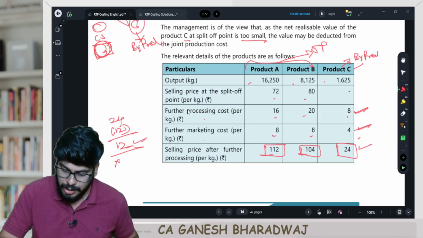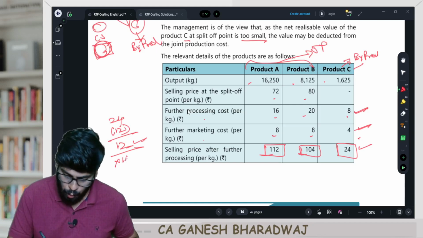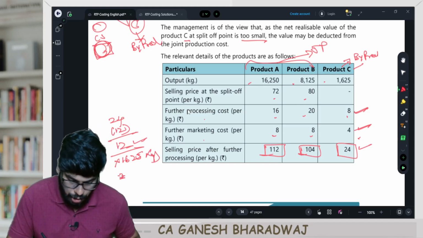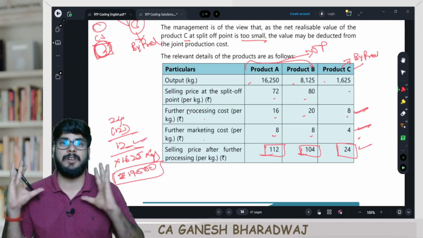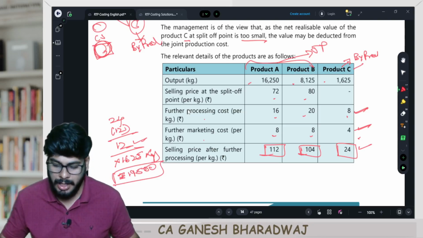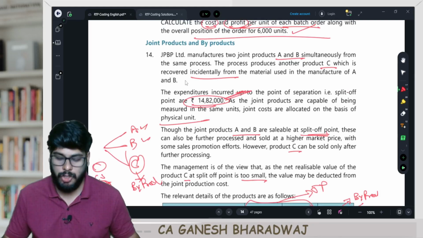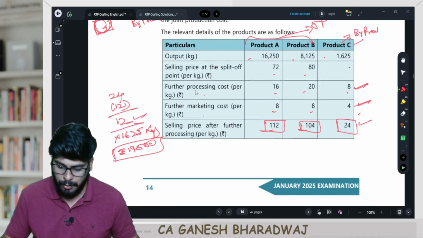So how many units of product C am I manufacturing? 1625, not units, it's in kgs. So 1625 into 12, how much is that going to be? 19,500 rupees is the net realizable value that I get from product C. So now what do we need to do? We have the total amount of joint cost, 14,82,000, right?